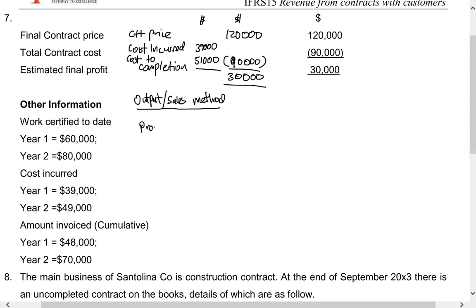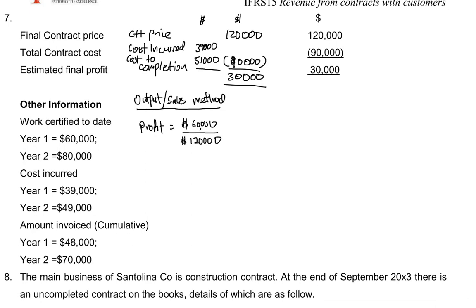So the profit to be recognized to date based on sales method. We call it based on the work certified. Work certified 60 out of contract price. Okay. Work certified today.